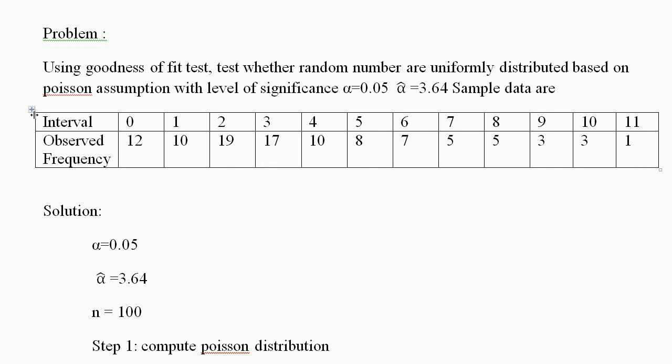The sample data are given here: the intervals 0 to 11, and the observed frequencies 12, 10, 19, 17, 10, 8, 7, 5, 5, 3, 3, 1. In total we have 12 values.